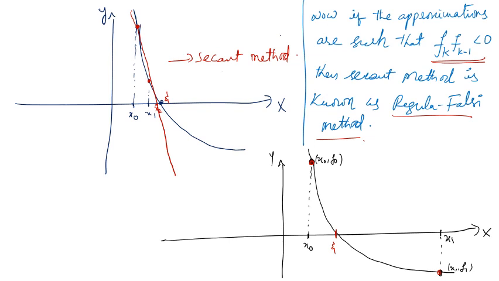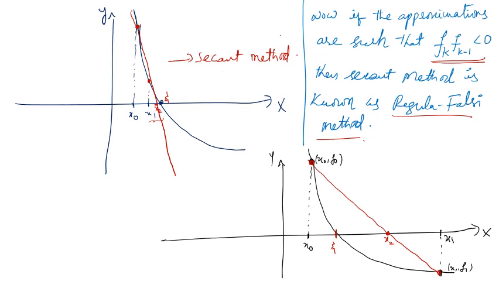Now if I join these two points by a straight line, it intersects at the point x2 here. This is the next approximate root x2. But see, in secant method, after getting x2, the next approximate root lies between x1 and x2.